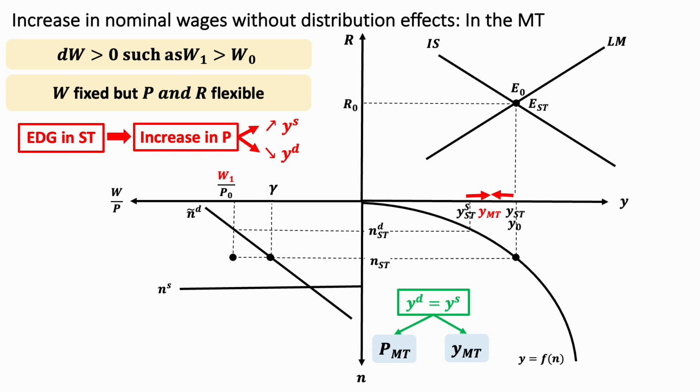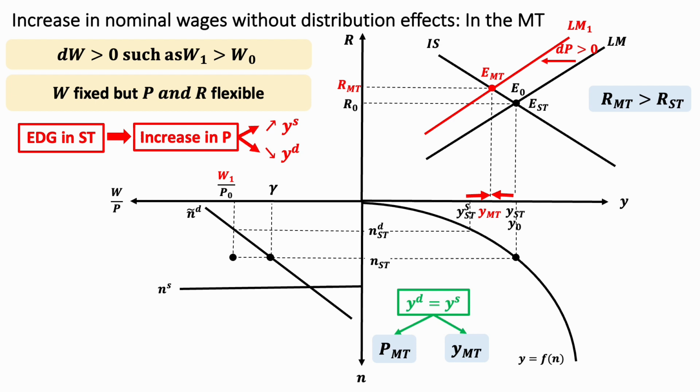Graphically, the increase in P shifts LM to the left, and Y medium term is lower than Y short term, while the interest rate is now higher. So the output decreases compared to the short term and compared to the initial equilibrium.